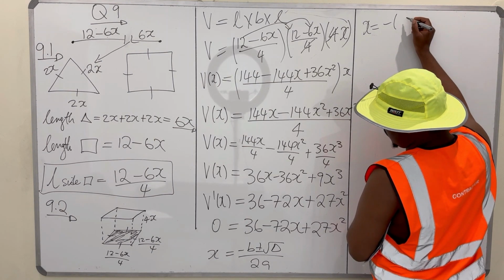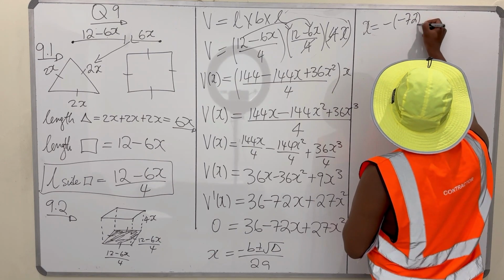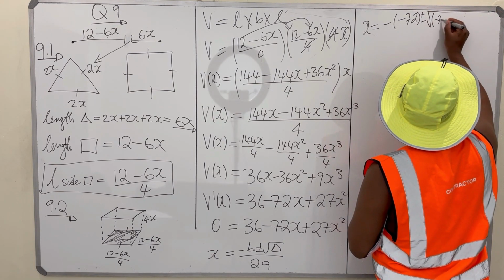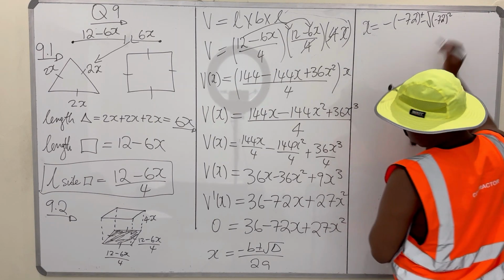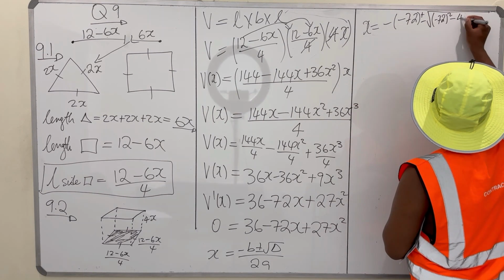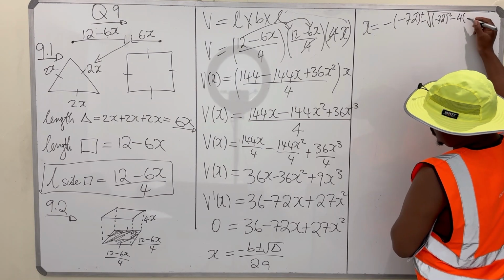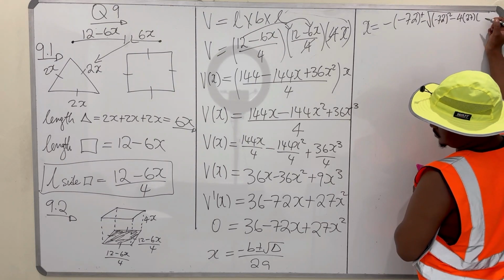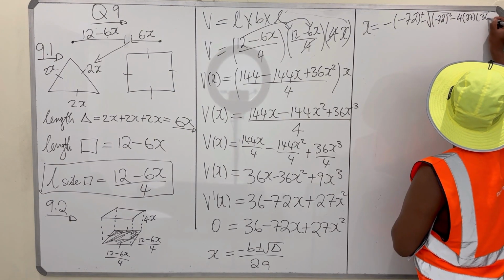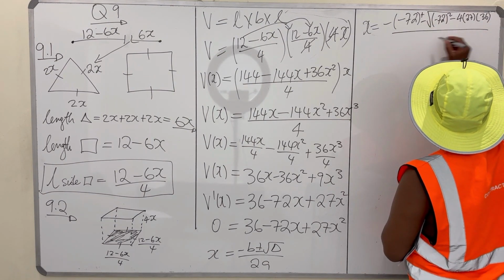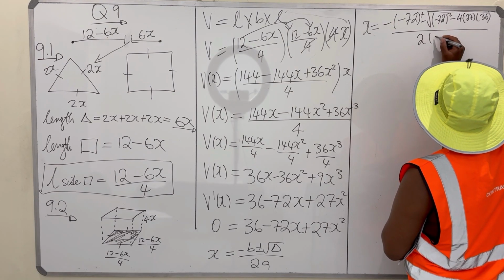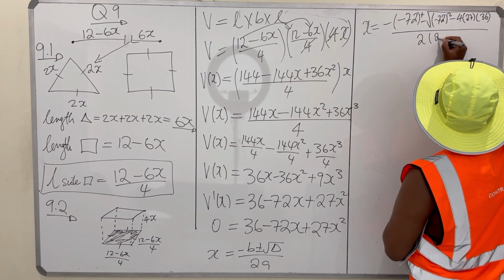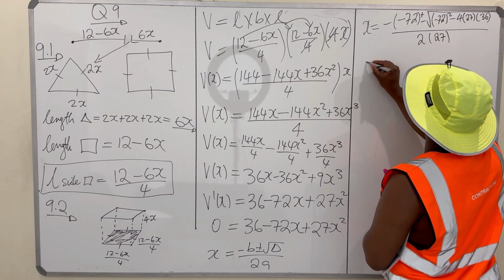Your b is minus 72, plus or minus the square root of minus 72 all squared, minus 4a, where a is 27, and c is 36, all over 2 times a, which is 27.